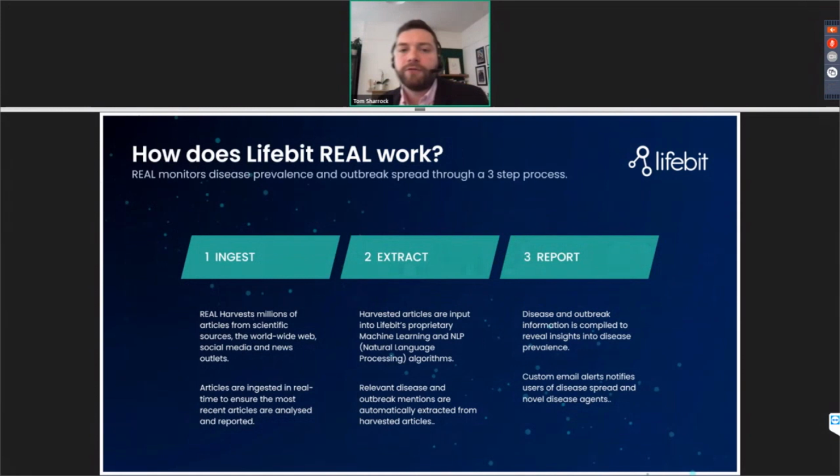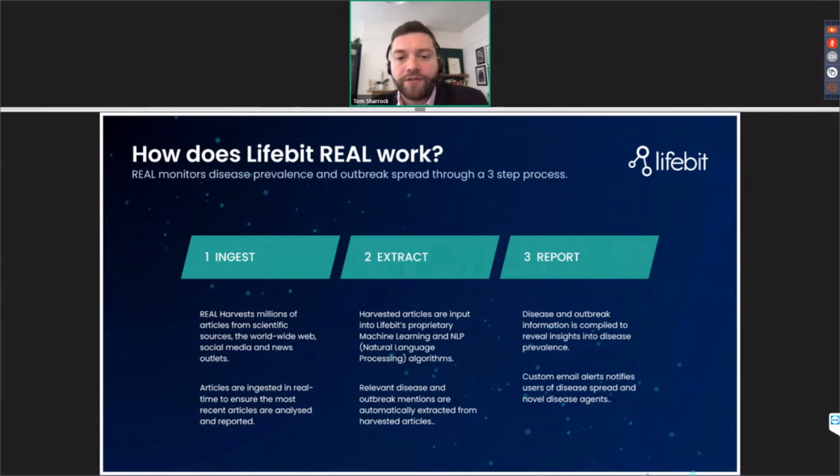So Lifebit REAL works in a 3-step process, that is ingest, extract, and report. So firstly, for ingestion, we basically harvest articles from the World Wide Web, scientific sources such as journals, social media, and news outlets, and we do this in a real-time basis so that we get the most recent articles that are up to date.